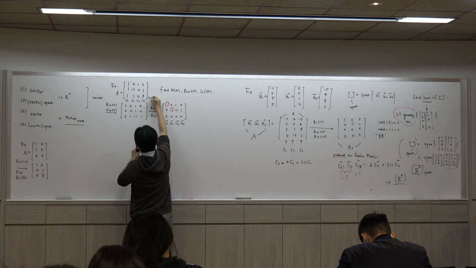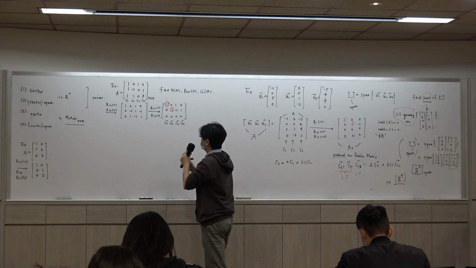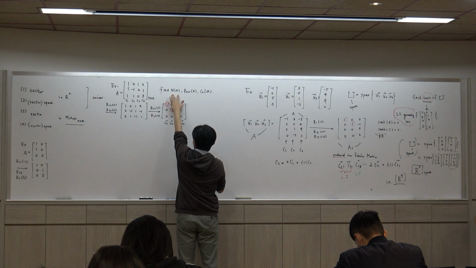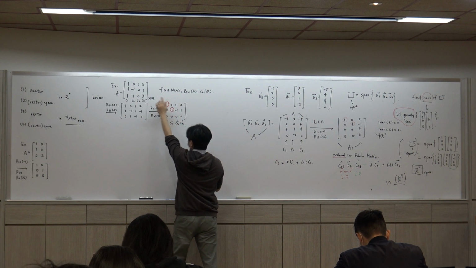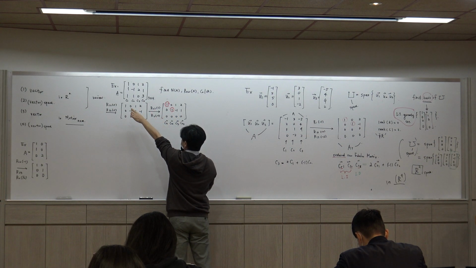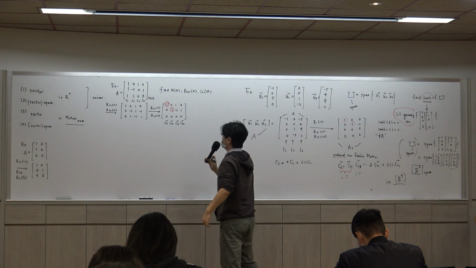So it's also called a 3 by 4 matrix. If we want to find the null space, or row space, or column space of the matrix A.